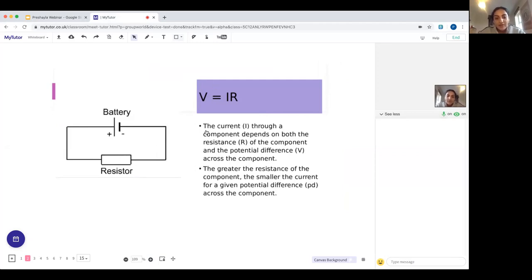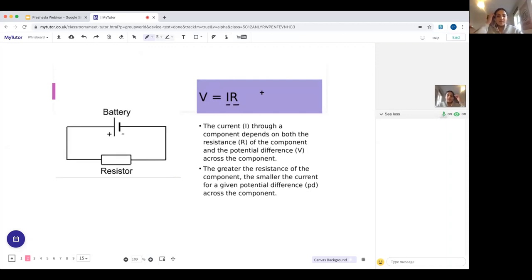Now we know that the current through any component depends on both the resistance of the component and the potential difference across the component. The greater the resistance, the smaller the current, okay? So if we have a really small current, we have a really high resistance.